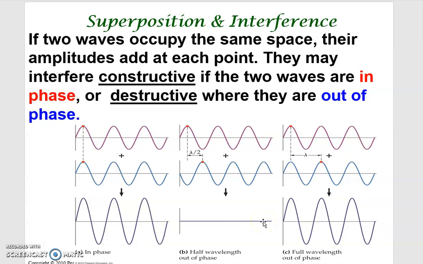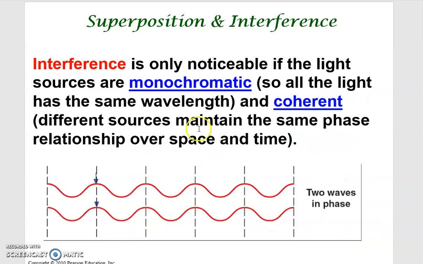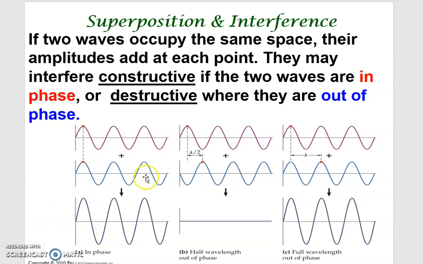But in fact, what we mention here has a very intrinsic meaning: different sources maintain the same phase relationship. This is the constructive interference, but this is also the constructive interference. You will argue that there is no difference between these two. The answer is yes and no. You can understand the difference is that their phase difference is 1 full wavelength.